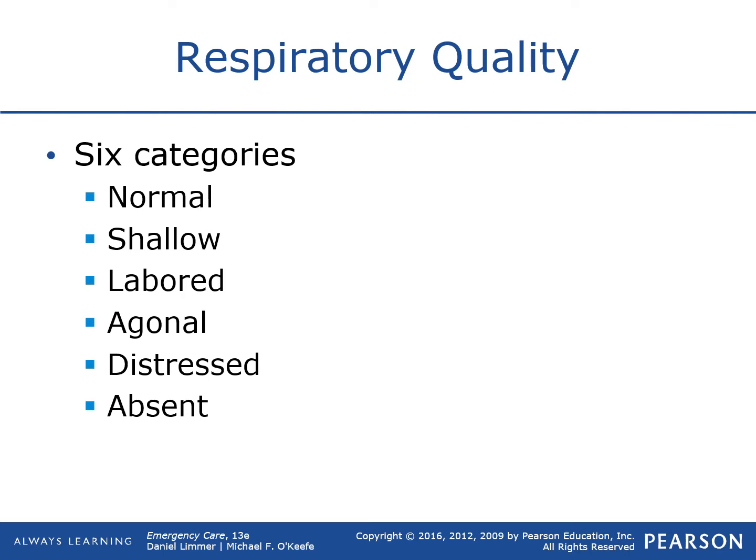Agonal, which if you remember back in our primary assessment, agonal respirations is something that is not effective at all. You can have distress, so someone who appears to be having a hard time breathing, or you can have no effort, so an absent effort, so that's no breathing. Usually you only see that with a respiratory rate of 0.